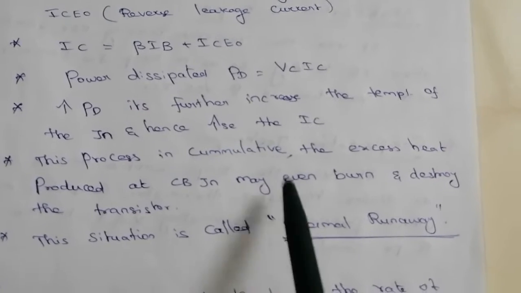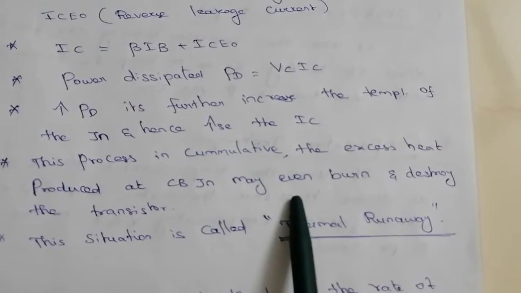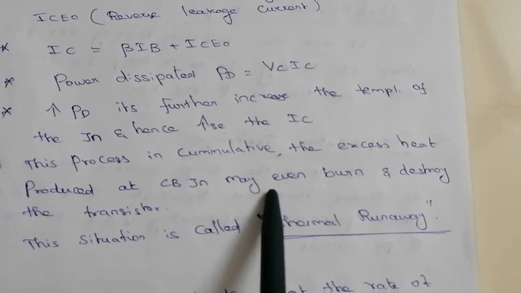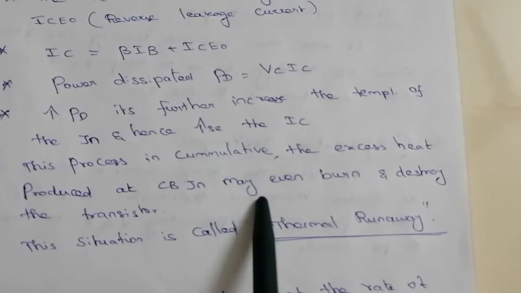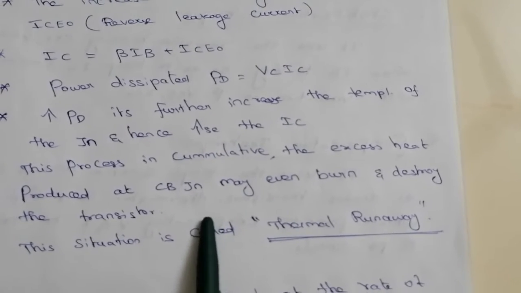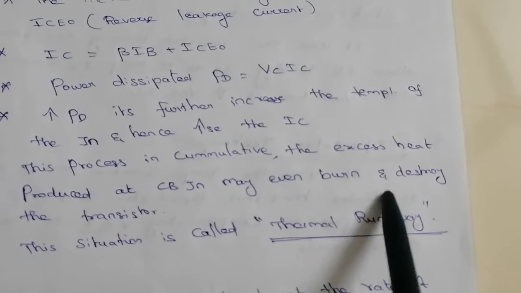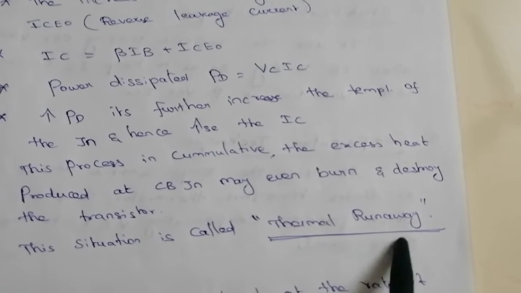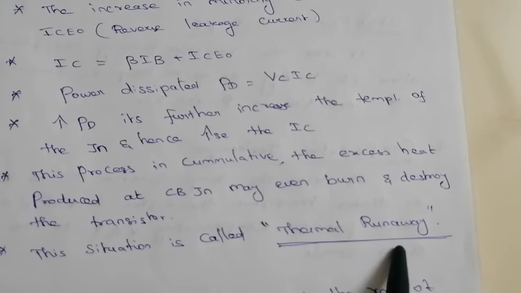It is the cumulative process of excess heat produced at the collector base junction. It may even burn or destroy the transistor. That process is called thermal runaway. Is it clear?